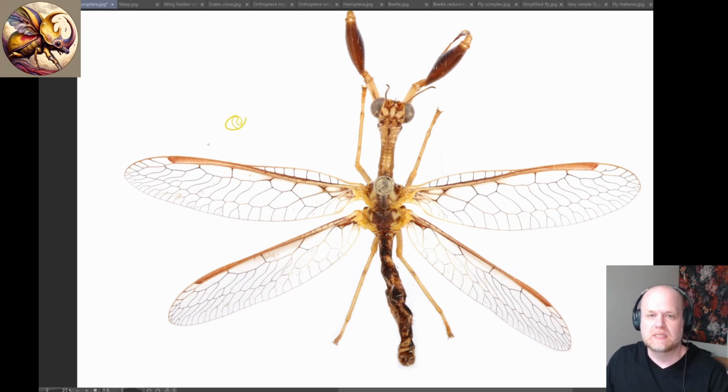Neuroptera literally means lace wings. But you can still see a reduction in the venation. You can also tell that these wings aren't necessarily overlapping. This one is dead and pinned, so it's a little different. But the wings can be easily pulled apart, whereas with butterflies, the wings can't be pulled apart so easily.